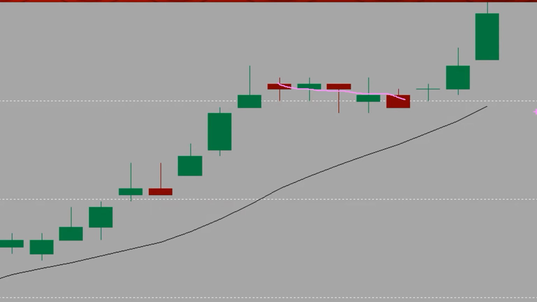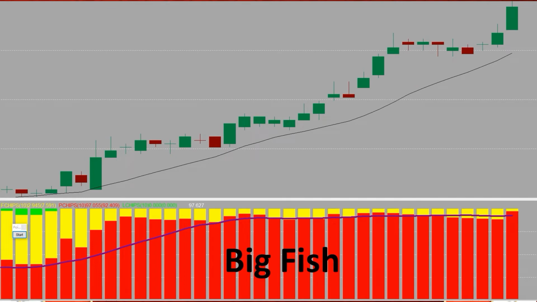But currently the candlestick is still above the lifeline, and for the multicolor dragon, most of it is red bars. So it means the big fish are here, no need to worry. The short-term big drop and the long-term sideways are all the bankers' bearish trap. They want you out. They want you to give your chips to the banker, to the big fish.